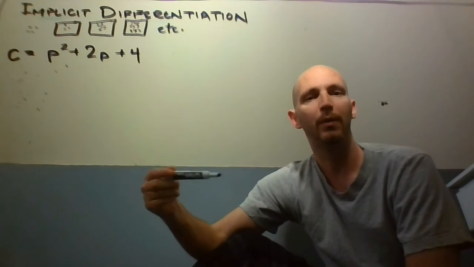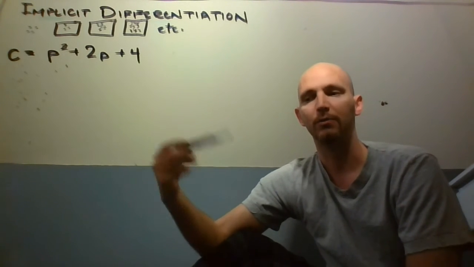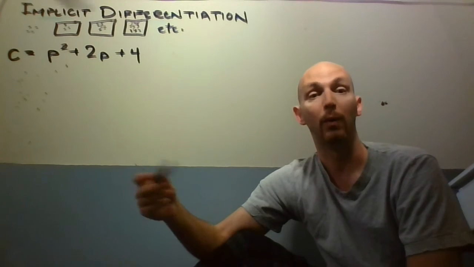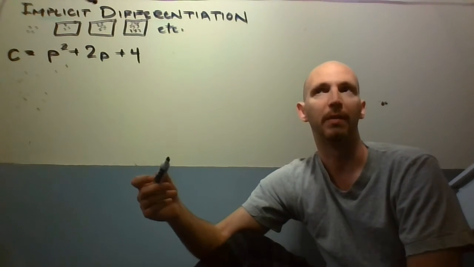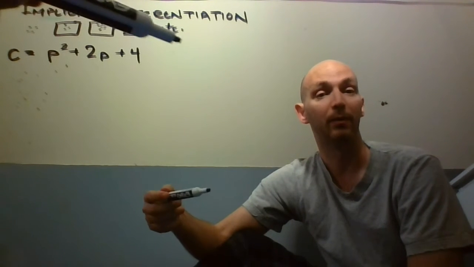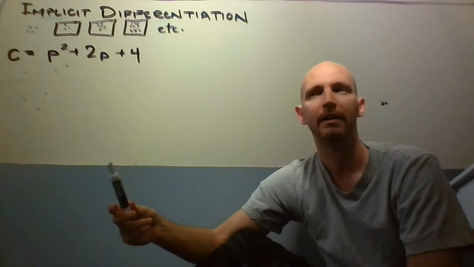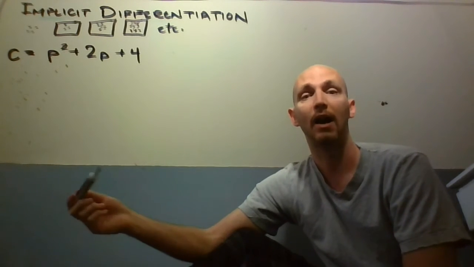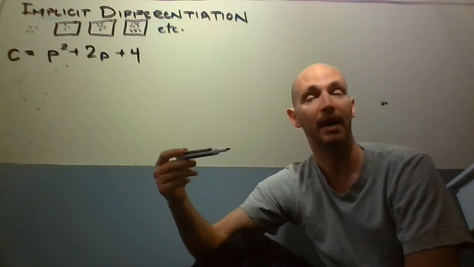So as you can see, the number of eggs per panel is growing quite quickly. So as you go this way and you're scooping up the eggs, not only will it depend on where you are, but it will depend on how quickly you're going through those panels as well. So I'm expecting that dp/dt term to show up again, because it matters how quickly I'm progressing down the sidewalk.